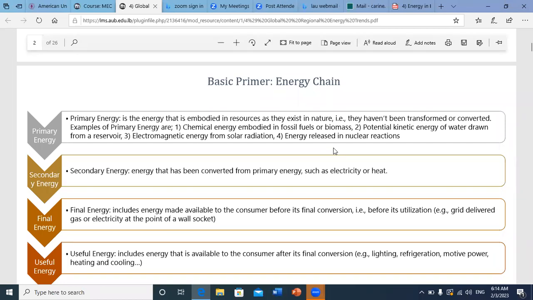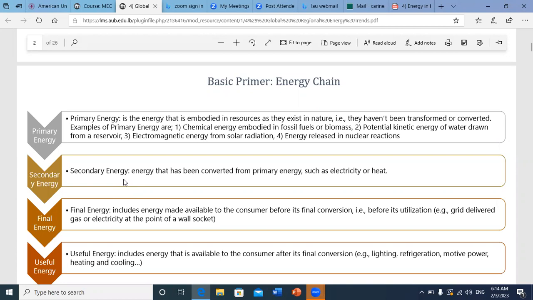The second mode of energy is secondary energy. It means energy that has been converted from primary form to other forms that can now be used. So for example, when we talk about secondary energy, electricity or heat is the example. When we take the example of the dam, the potential energy in water is the primary form.